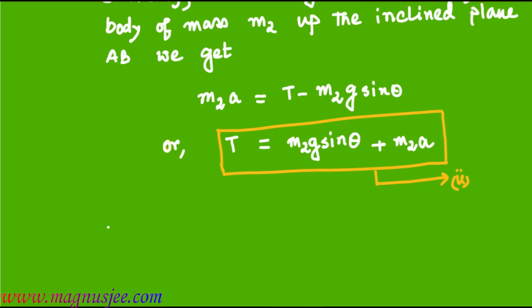Comparing equations 1 and 2, we get the same concept: consider the motion of the two bodies, find the expressions of the tensions, and then compare the equations of tensions.